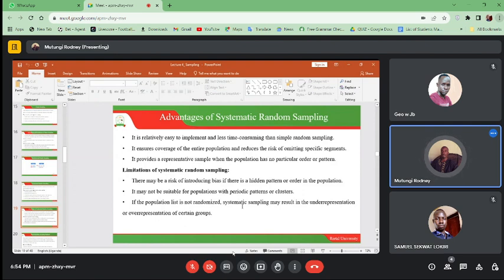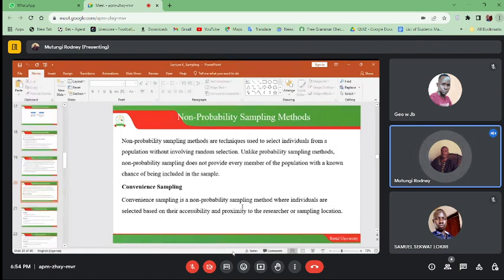So you might have underrepresentation of such a group, because through your systematic sampling, you are only going to represent them when you reach that area where they are written. After that you cannot get them. So that is the problem with this systematic random sampling. But to solve that, you can randomize, make sure that they appear everywhere on that list, so that there is a chance of them being selected.